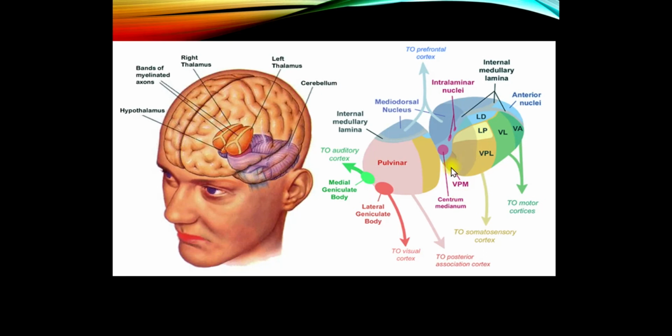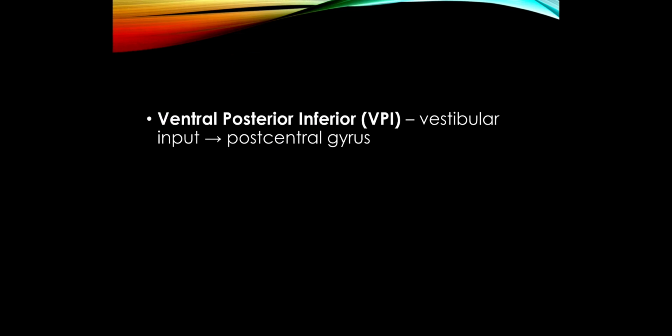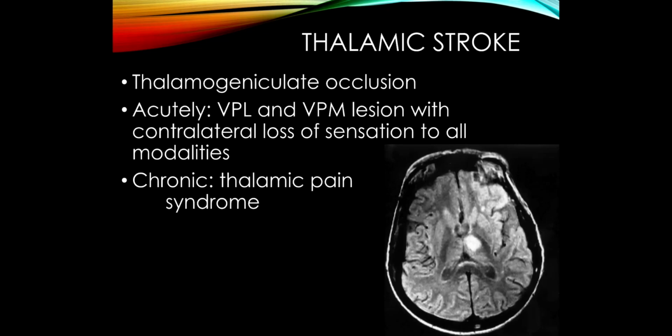So VPL, VPM: arm and leg, and face. Now, I won't ask you this, but there's also a ventral posterior inferior, and this is how vestibular information gets up to the brain, but I think that's a small detail for now.